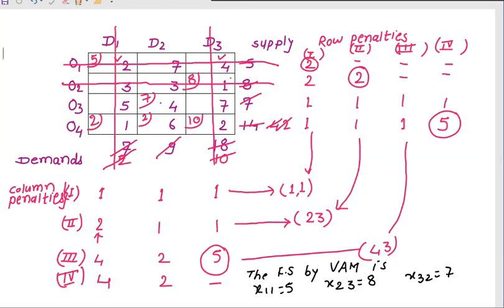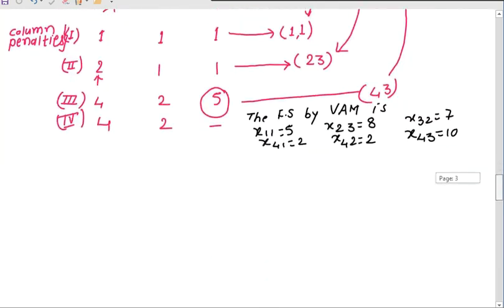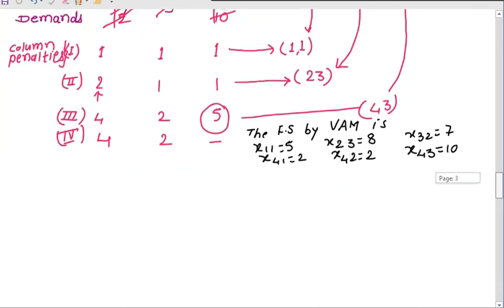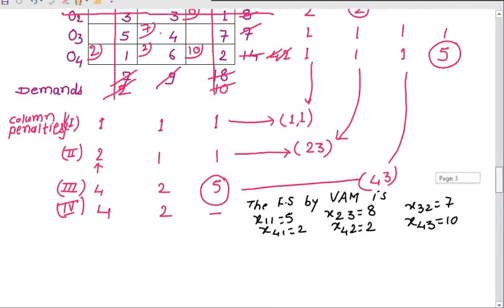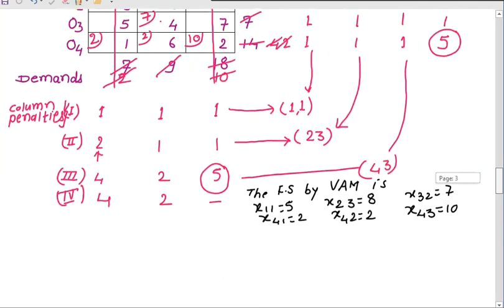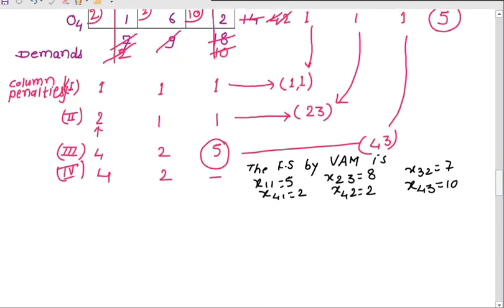X32 is 7. And fourth row, X41, fourth factory to the first warehouse, 2 units are transported. Then from the fourth factory to the second warehouse, 2 units are transported. Then from the fourth factory to the third warehouse, 10 units are transported. So this is a solution by VAM, Vogel's approximation method. Also, there are 6 positive allocations in this solution.